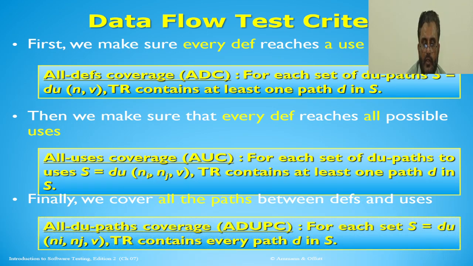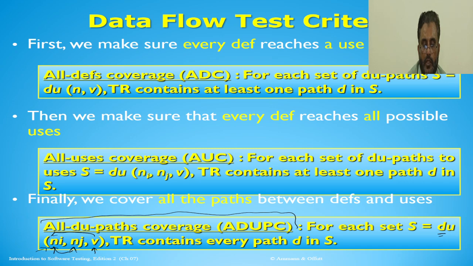And the last one is all the paths between defs and uses. That is termed all-du-paths coverage, and for each set S equal to du(Ni, Nj, v), v is the variable which we are considering. The test requirement contains every path d in S. In this case we are also telling the initial node where this variable is defined.